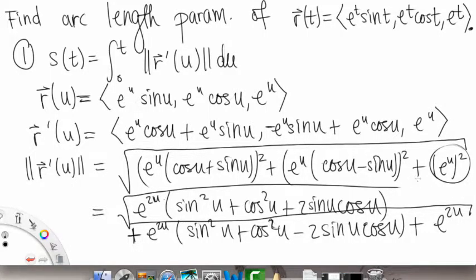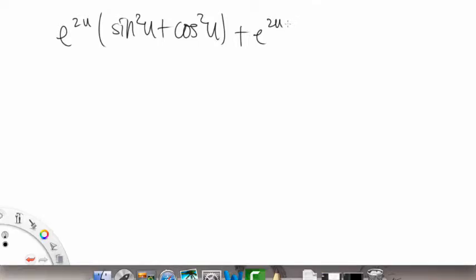Alright, so now what we can do, the positive 2 sine u cosine u will cancel out with the negative one, okay? So what we had was an e to the 2u times sine squared u plus cosine squared u, plus another e to the 2u times sine squared u plus cosine squared u, and then we just had a leftover e to the 2u.